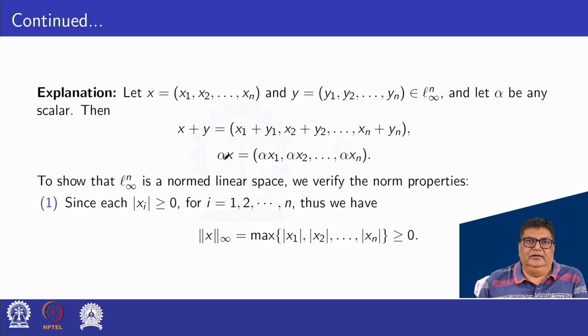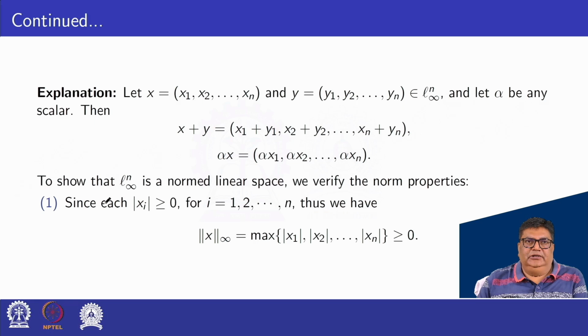Then the addition of the vectors x plus y is equal to x1 plus y1, x2 plus y2 and so on xn plus yn, and alpha x is equal to alpha x1, alpha x2 and so on alpha xn. To show that L infinity n is a normed linear space, we verify the norm properties.